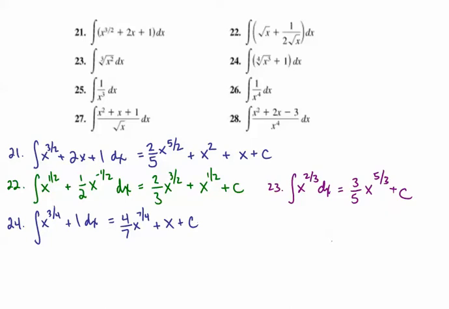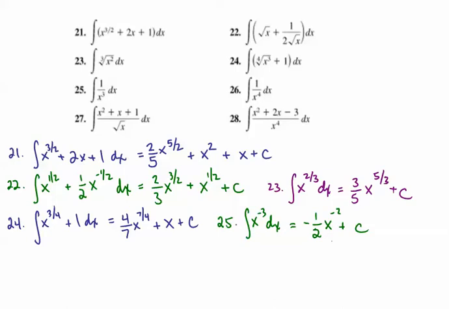Alright, the next one. Number 25 would rewrite as x to the negative 3rd dx, increased by 1, which would be x to the negative 2nd over negative 2, and so that'll be negative 1/2 x to the negative 2nd plus c.